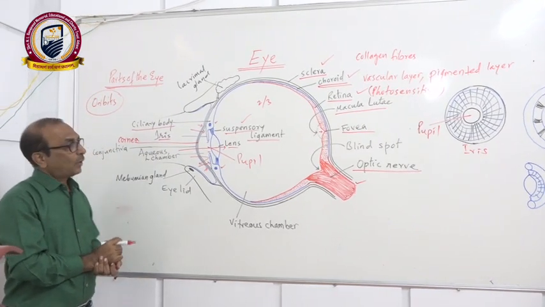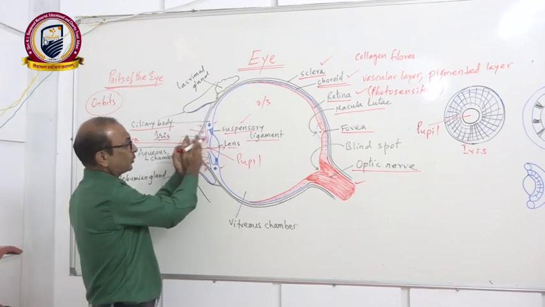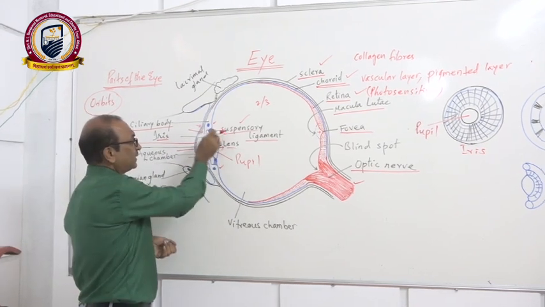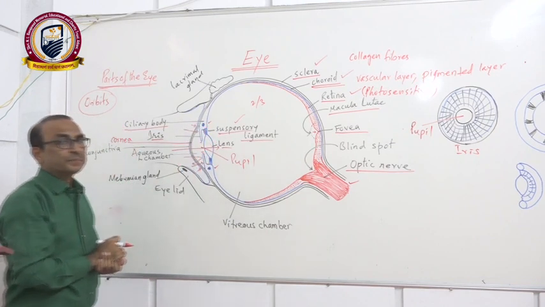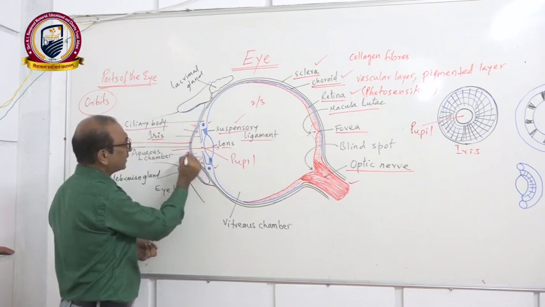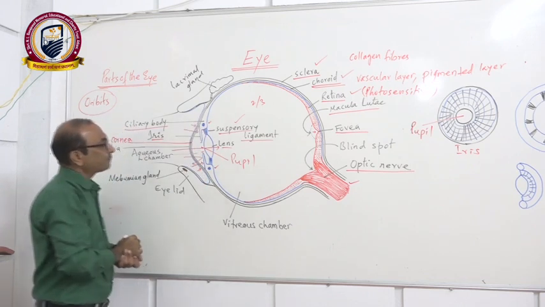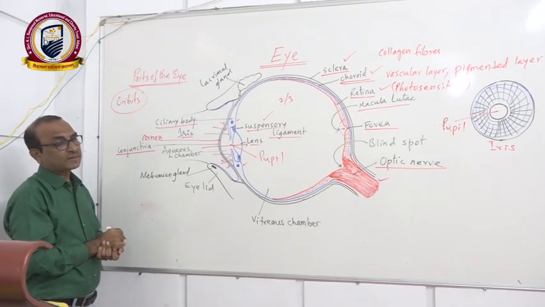Now eyeball as such is divided into two chambers. The front chamber, what you see here, between the lens and the cornea, and of course the cornea is covered by a protective thin membrane which is called as conjunctiva, which is also transparent.